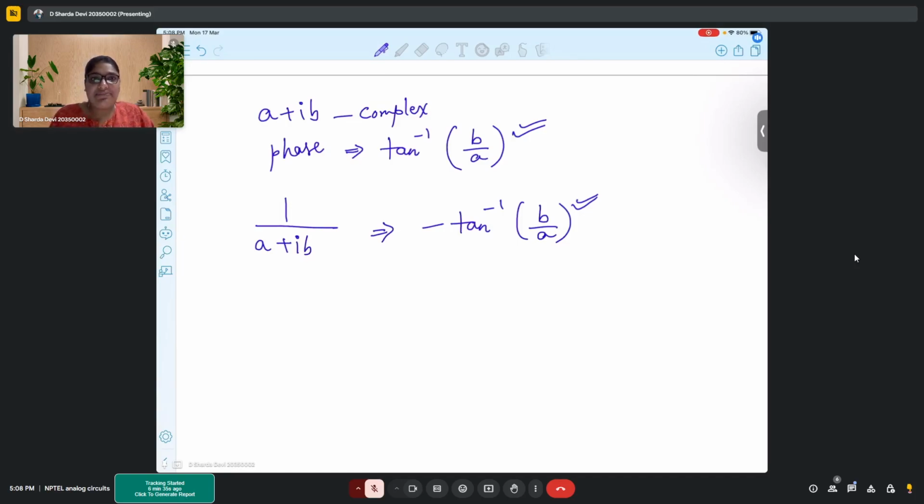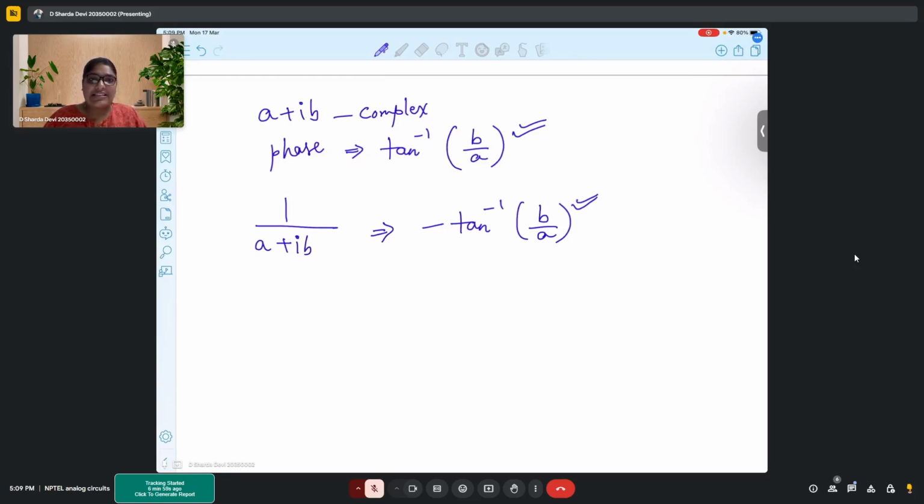So while writing the phase for a transfer function, what you need to know are the rules that are there for complex number phases. How you write the phase for a complex number, where you take 180 minus theta, where you take 180 plus theta, where it is 90 minus theta, 90 plus theta, or minus theta, that you have to keep in mind.